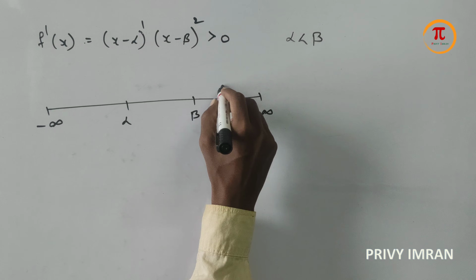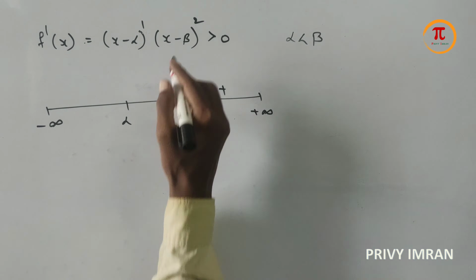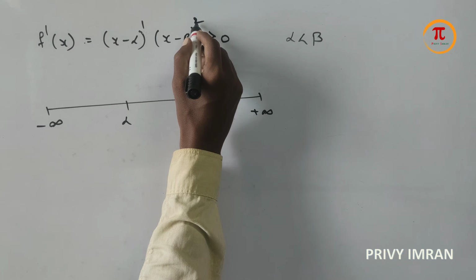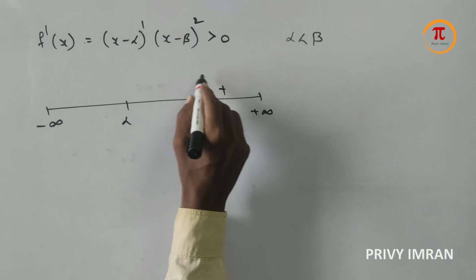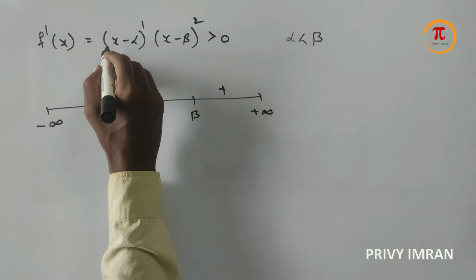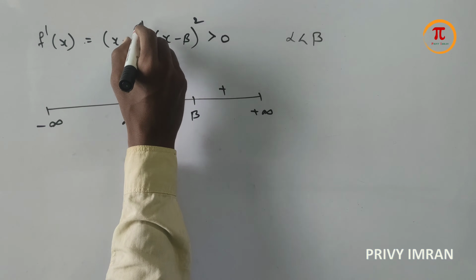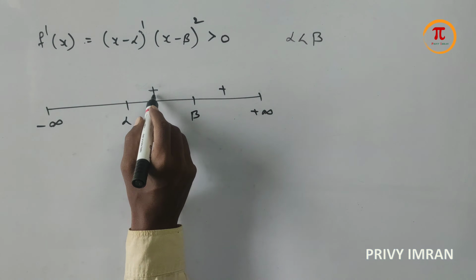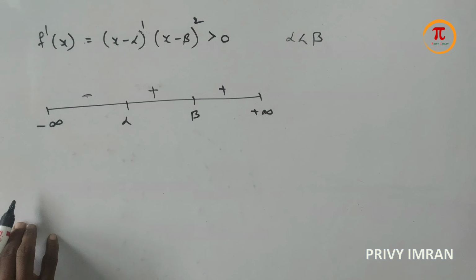By default, always here it is a plus. As the power 2 represents an even number, the same sign will be carried forward here. At alpha, (x minus alpha) whole power 1 represents an odd number, so plus will be converted to minus.